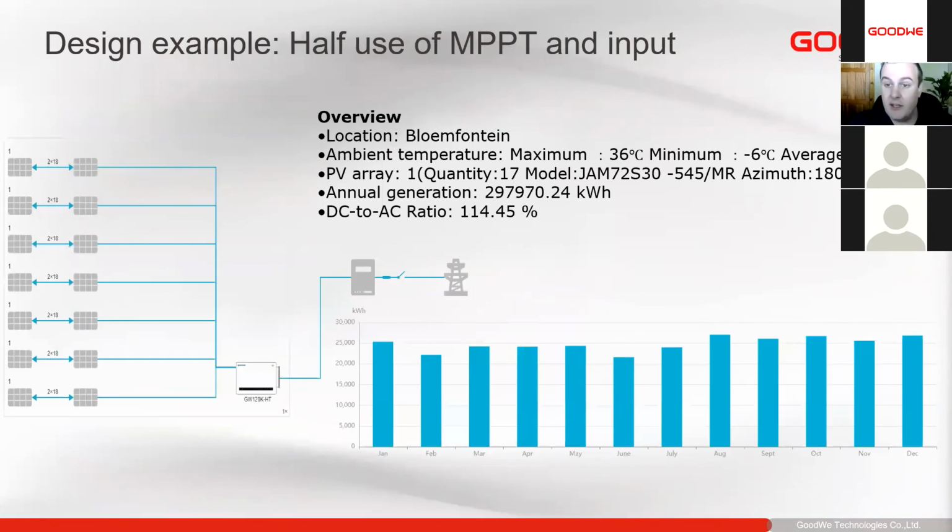And then we have another example. This is a 120 kilowatt inverter. We've oversized it by 14%, so that's 114% on the DC. We're only using 7 of the MPPTs, so that's 2 strings of 18 modules connected to each MPPT. The only thing we have to be careful with is that each of our MPPTs has a set power limit.